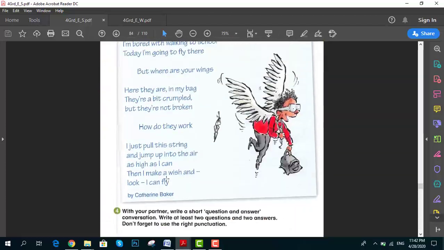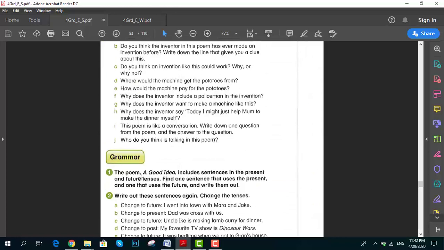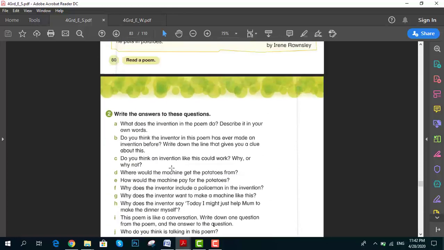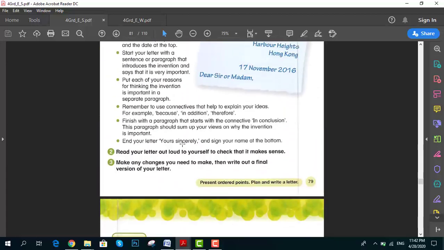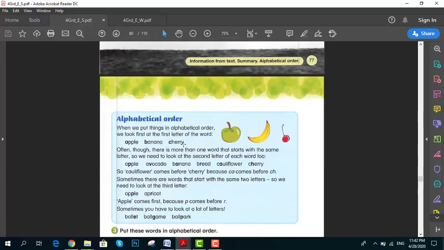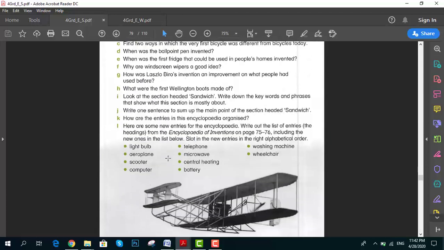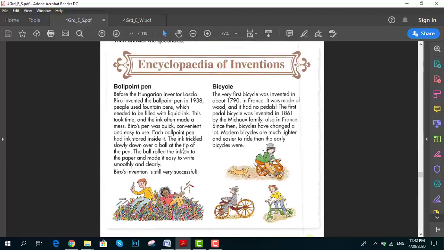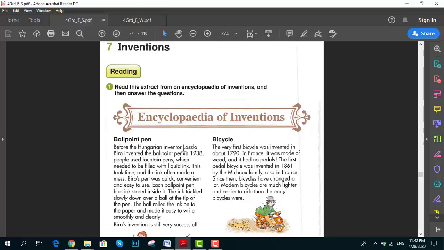Just study until the grammar here, and then go to the worksheets. Okay? Study these questions for A Good Idea, and study the questions for the alphabetical order, and study the questions for the Encyclopedia of Inventions. Okay? So if you have any question, please send me. Okay? Good luck in your exam.